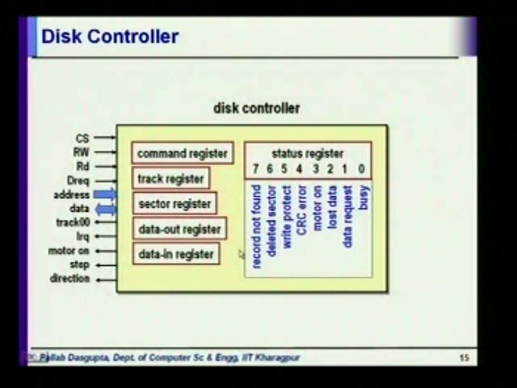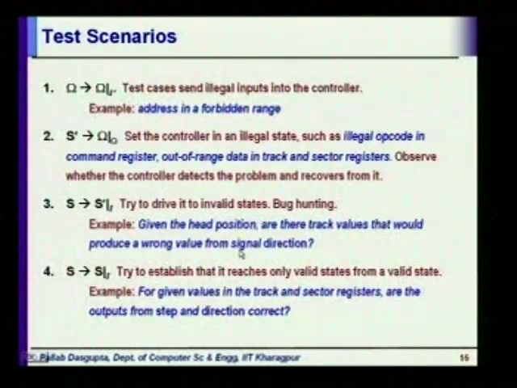Now let us take some examples of those 6 categories of tests, right. So, let us look at the first category. This category represents those tests where we want to drive the design from one state to another on an invalid input and see how it reacts to that. So, for example, you could test the controller by providing an address which is in a forbidden range.